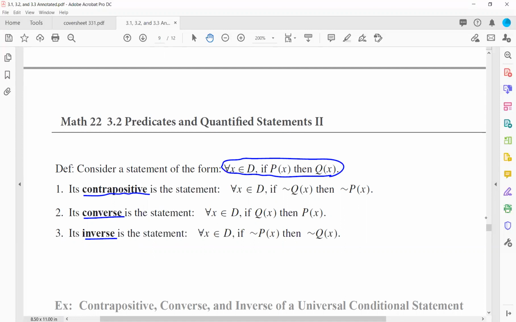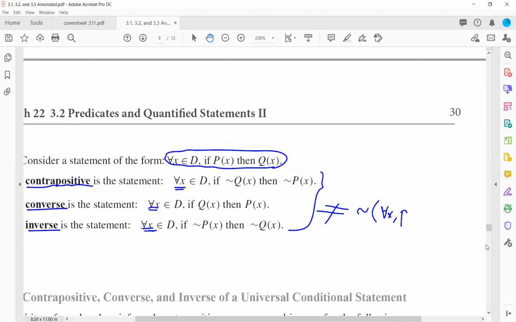I didn't negate the universal statement. I defined some new statements. These are new definitions. That's why we didn't change the quantifier. The quantifier stays the same. It's not the same as negation. Do not confuse these.